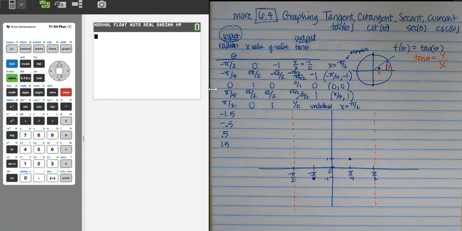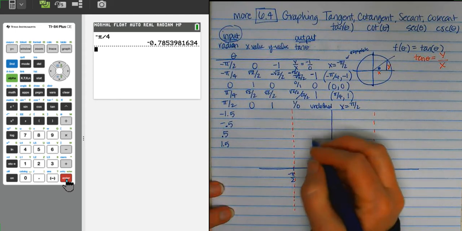Now, I chose these points because they're in the middle between these. So, for example, -pi/4. -pi divided by 4 is about -0.7.